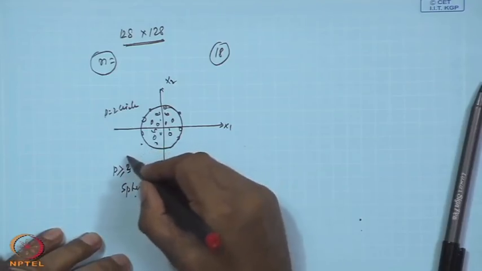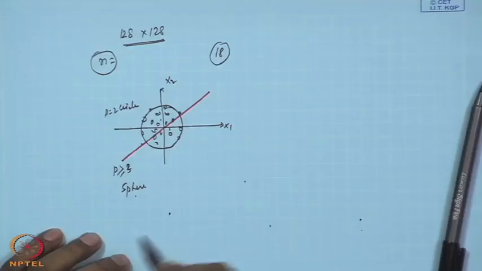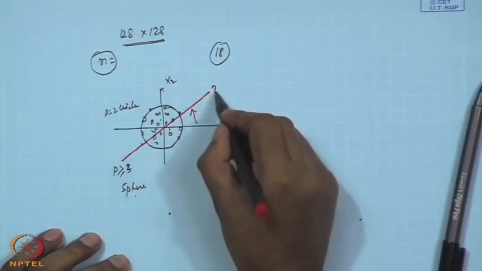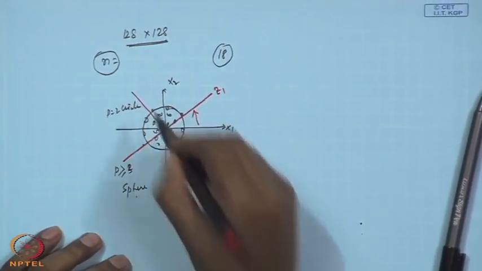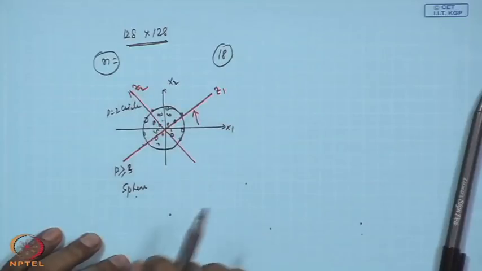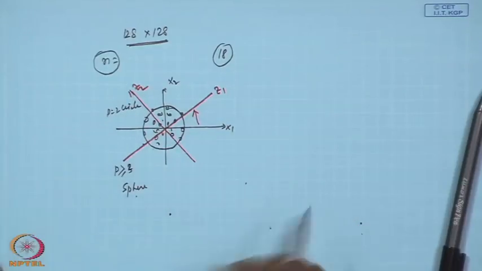Can we go for principal component analysis? For example, this is my case. Suppose I rotate this, this is Z1, this side is Z2, are we gaining? No gain.